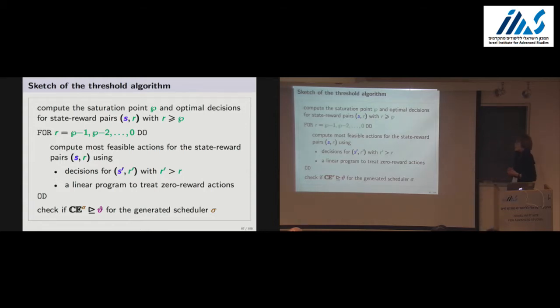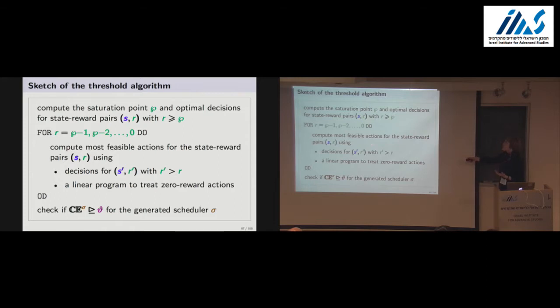Now, a sketch of the threshold algorithm. It operates level-wise. So we first compute a saturation point, as I said, from which on we know how optimal schedulers behave. And then for this last level, the saturation point, we know the decisions of optimal schedulers. And then we go backwards to level, I don't know how to pronounce this symbol, let's call it rho minus 1, rho minus 2, and so on.